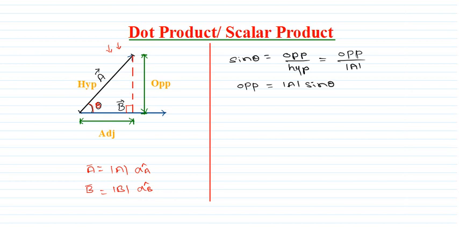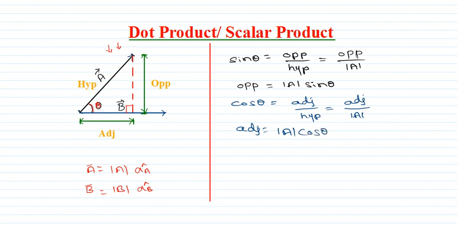Similarly, if I define cos theta, cos theta is equal to adjacent by hypotenuse. Once again, the hypotenuse is the length of vector A itself, so it is the magnitude of A. Using this relation, I get the adjacent side as magnitude A into cos theta.